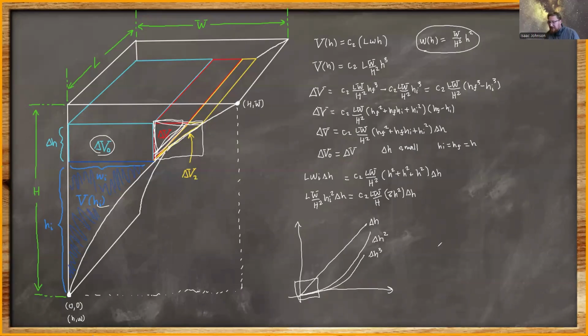And that's as practical as you want it to be. You could go as small as you would like. But at the end of the day, delta H itself is not going to zero. And really, this is just an approximation, right? Of course, there are small variations. Technically, H final squared isn't exactly what H final times H initial is, isn't exactly what H initial squared is. But they are close enough that we can practically equate them.